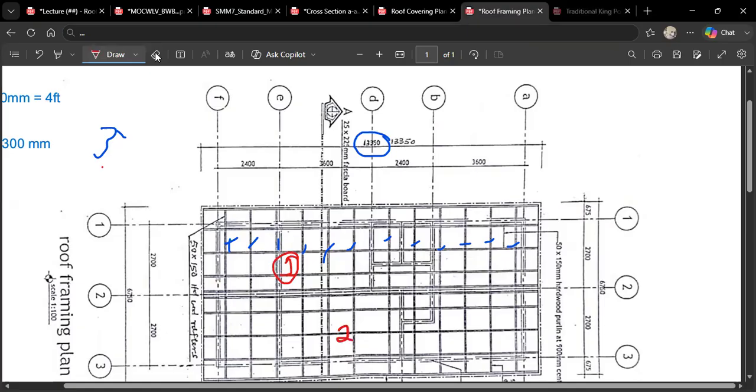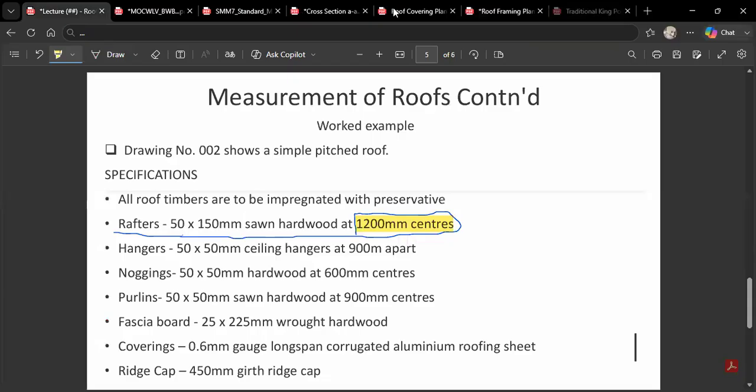So if it is 12 rafters at face one, then to know the total number of rafters you are going to need, we multiply the 12 times 2. So it's going to give us 24. So 24 rafters is what we are going to buy. Or 24 pieces of 50 by 150 wood. That is what we are going to require.